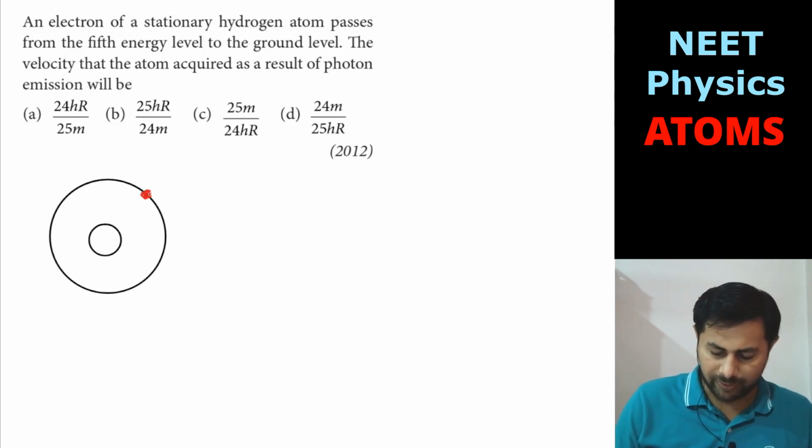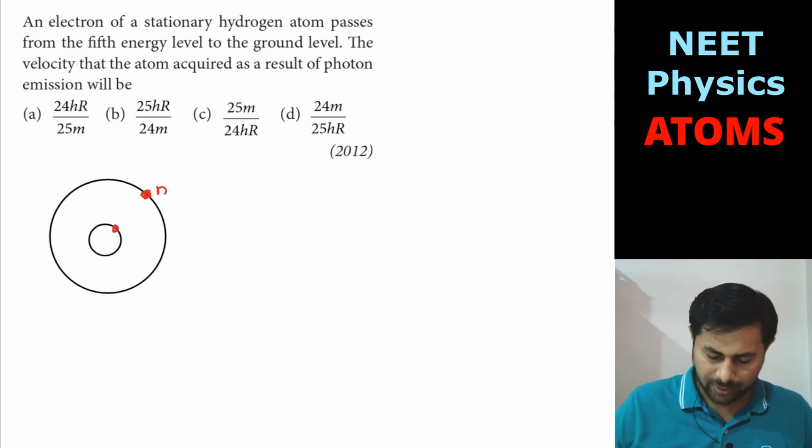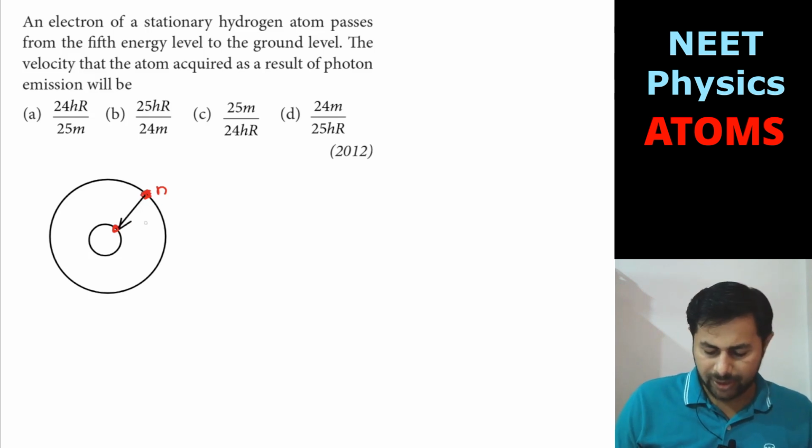Let's say whatever level, this is the nth level. So the electron goes from here to here, and it emits a photon.